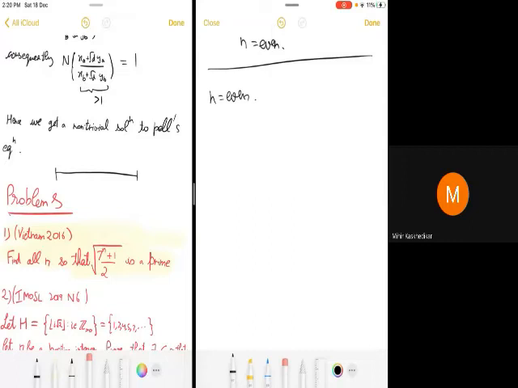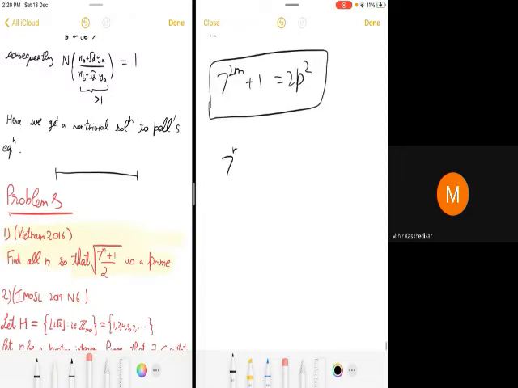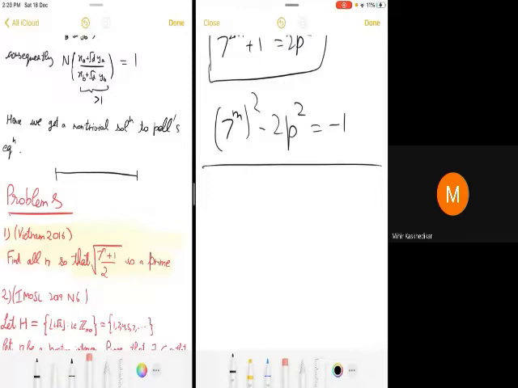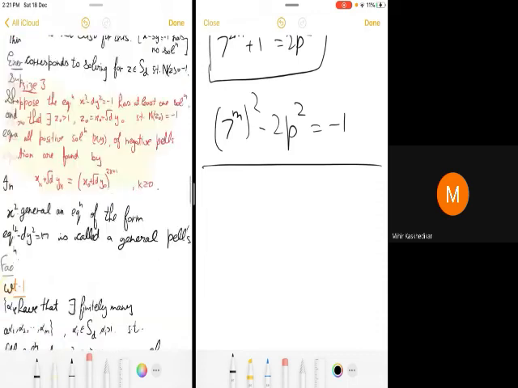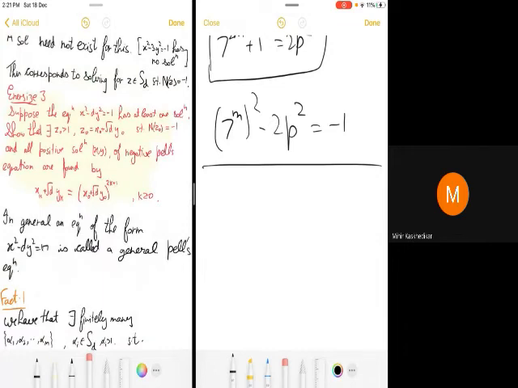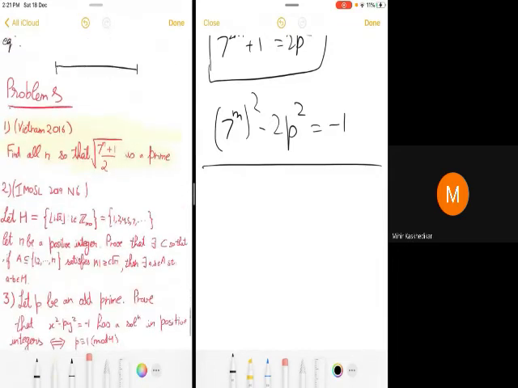Okay, so we want to solve this. Do you see a Pell sort of equation here? Yes, the negative Pell's equation, so this is this. We are using this exercise which you can prove, whose solution is very similar to the solution for Pell's equation.